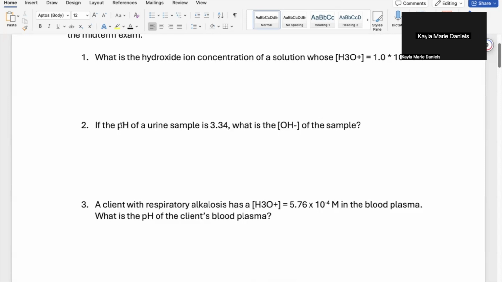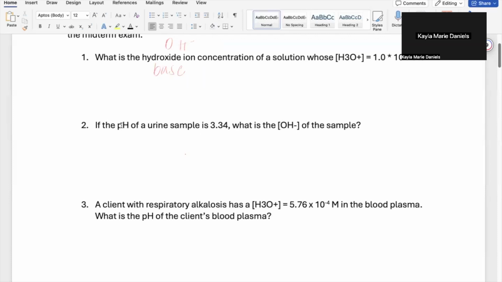So number one, what is the hydroxide ion concentration of a solution whose H3O plus is 1.0 times 10 to the negative 10? So hydroxide ion, that is OH minus. So we're talking about base here, the concentration of base.